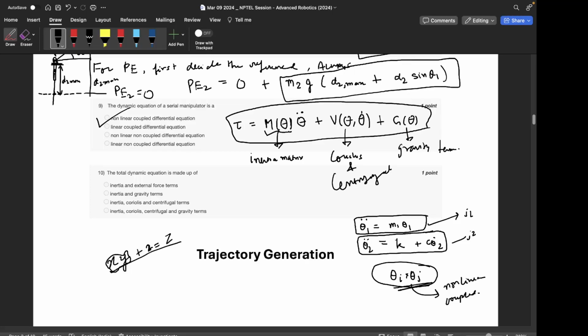So a lot of assumptions can be brought in to make our life simpler and lead to non-coupled systems or linear systems. Linear needs a lot of assumptions. For some simpler systems you can get it, but for practical robots like humanoids, it's very difficult to get linear systems. And if you simplify your systems a lot, then you lose a lot in what kind of motions you can perform on that robot.